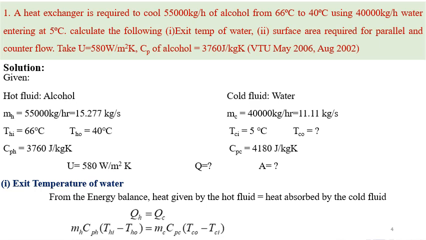Okay, so equate all the values: mH, CpH, THI minus TH0 is equal to mC known, CpC is known, TC0 is unknown, TCI is known. Only TC0 is unknown, so by equating all the values and solving, we can find the TC0 value.